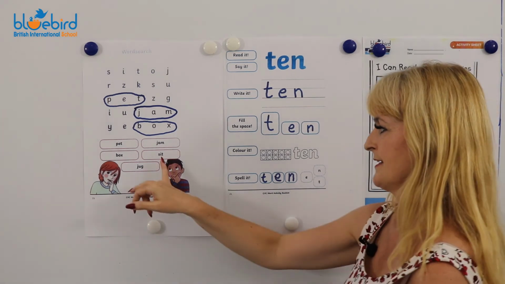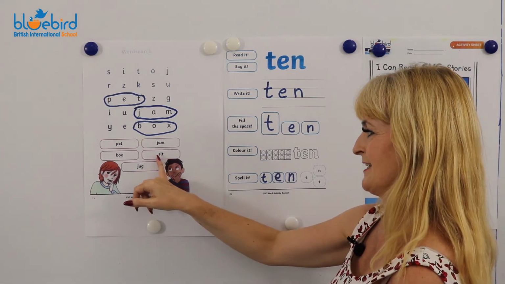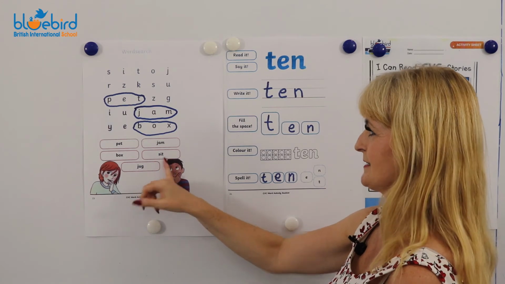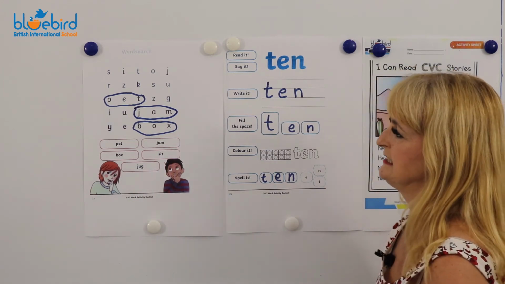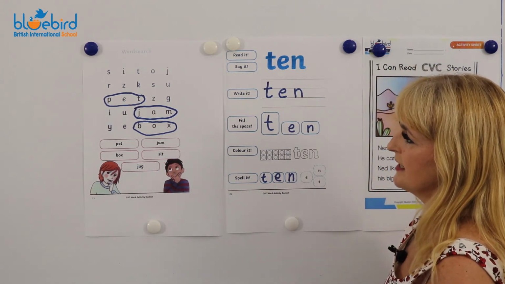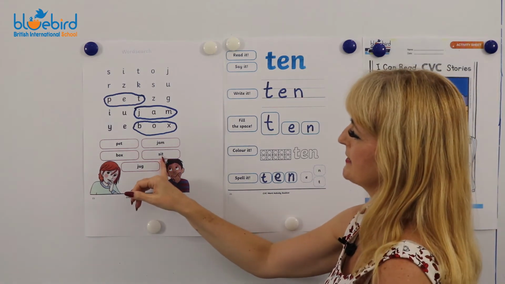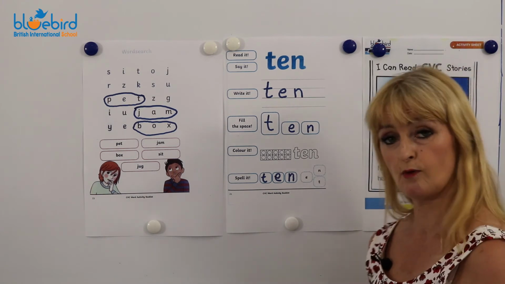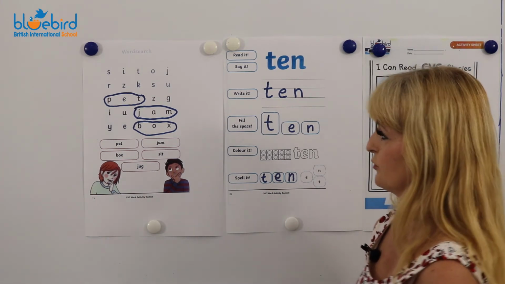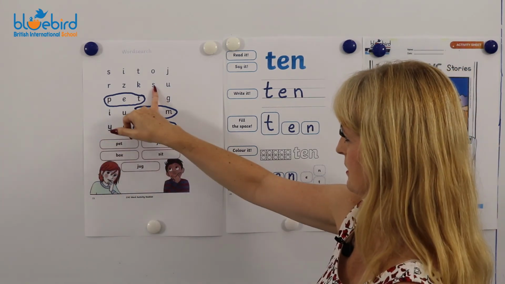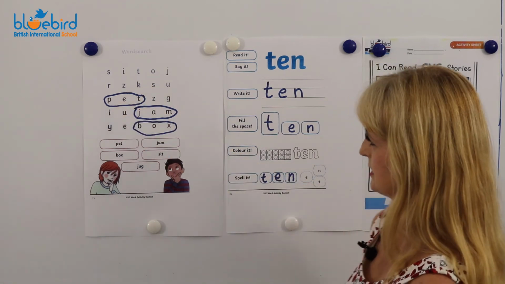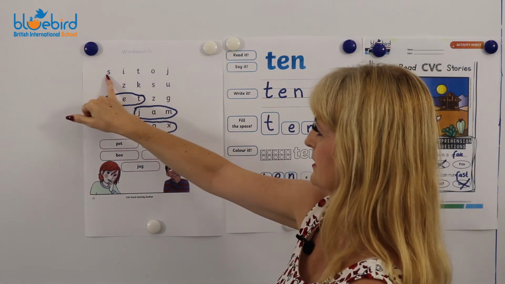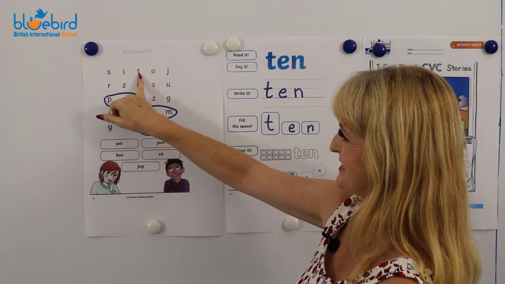Sit. Can you see it? Can you find it? Let's see, where is it? Okay, I've got a sat here, but it's not right. Oh, it's this one at the top. Sit.